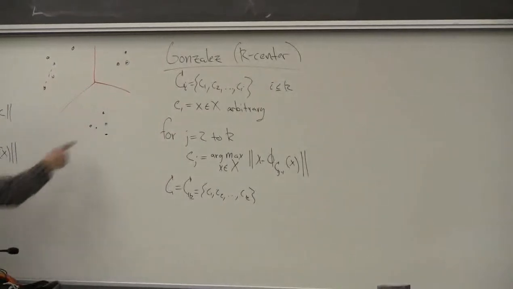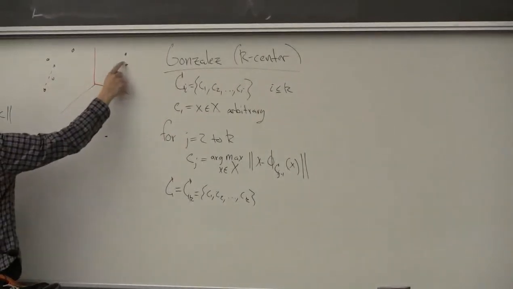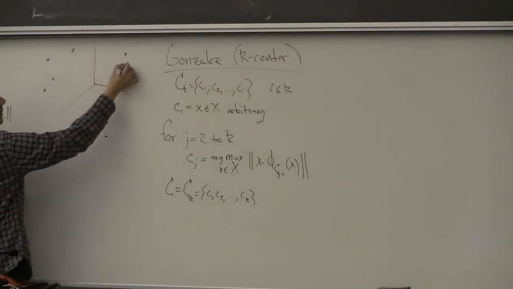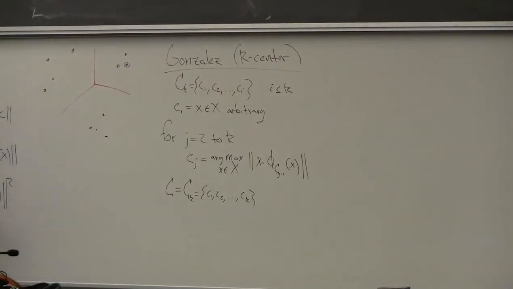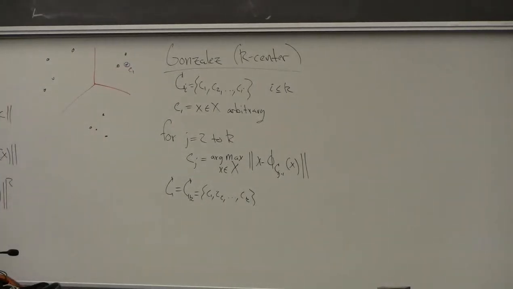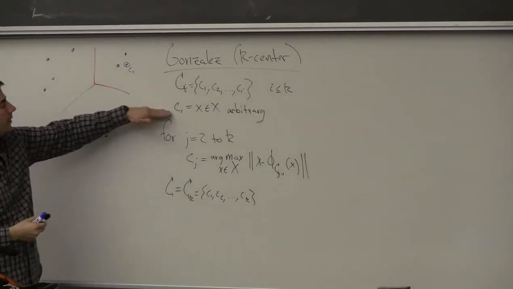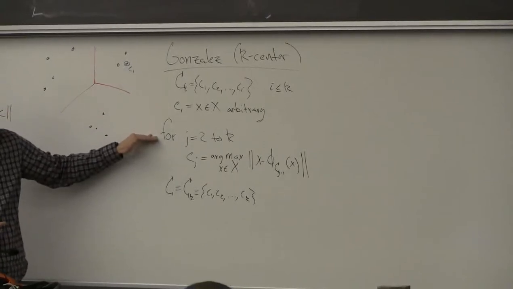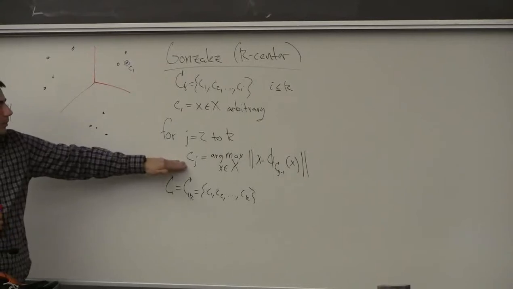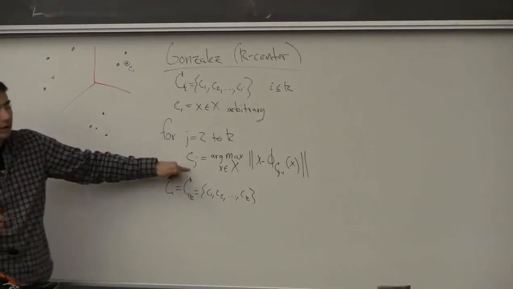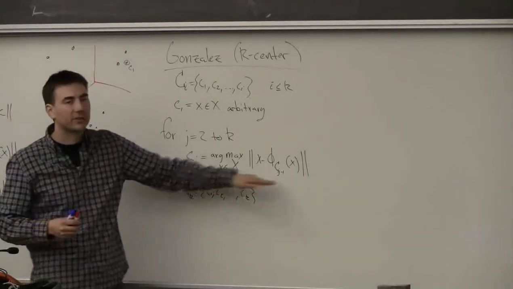So if I took away these blue points, how is this going to work? I pick some point arbitrarily, and this one gets the label C1. Now I go through the for loop for j equals 2. I find the point x, among all the black points, which is furthest away from its assigned center.